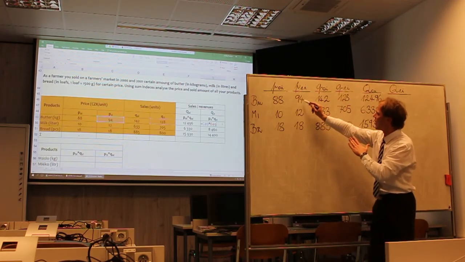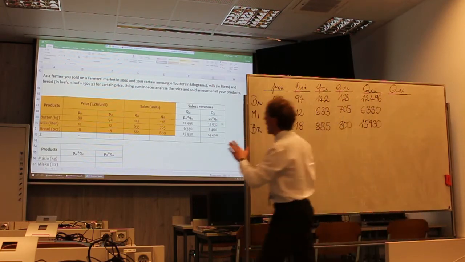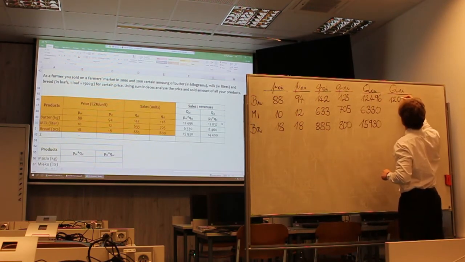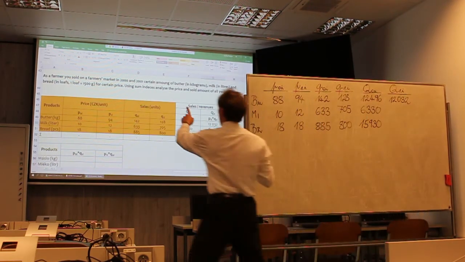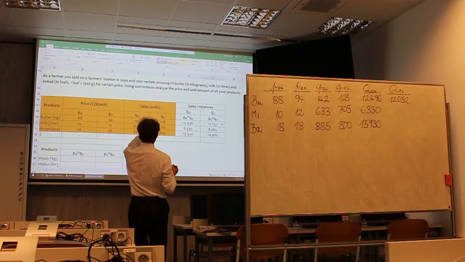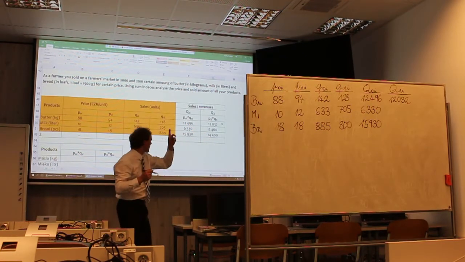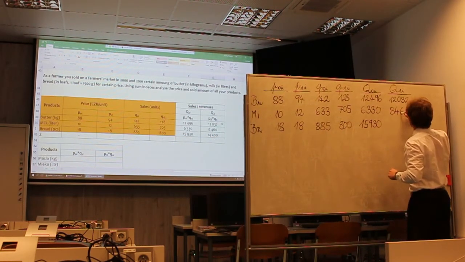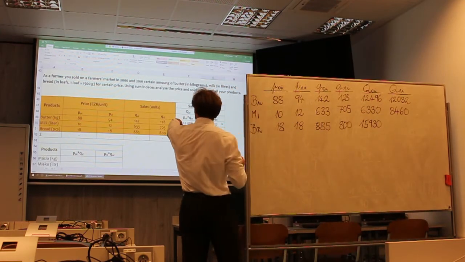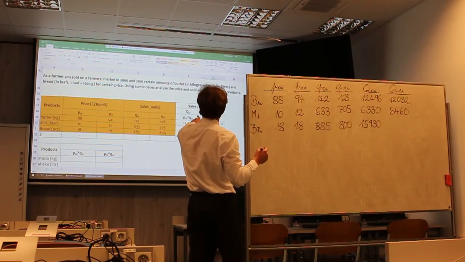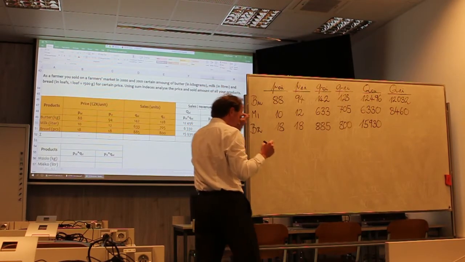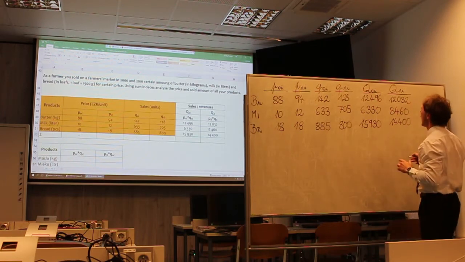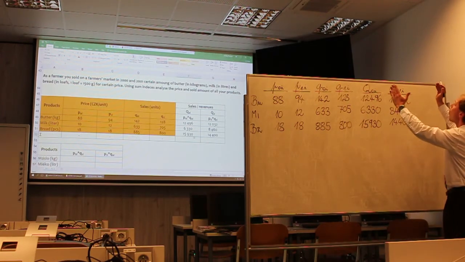So 94 times 128, result is 12,032. 12 times 705 is 8,460, and 18 Czech crowns times 800 is 14,400. We can calculate total revenues.